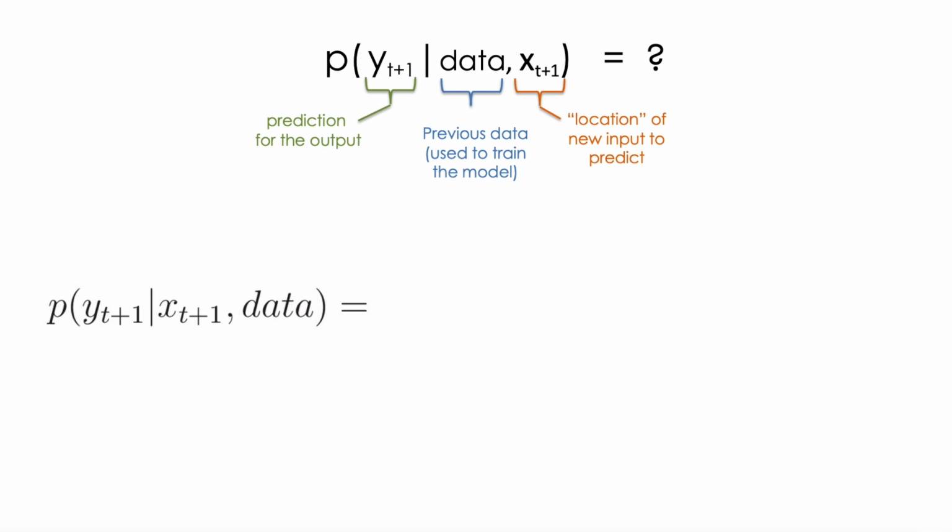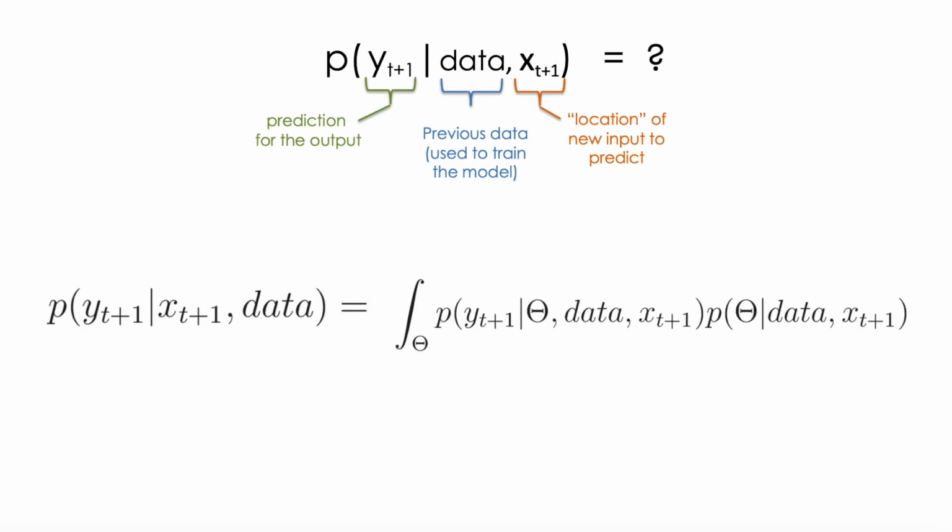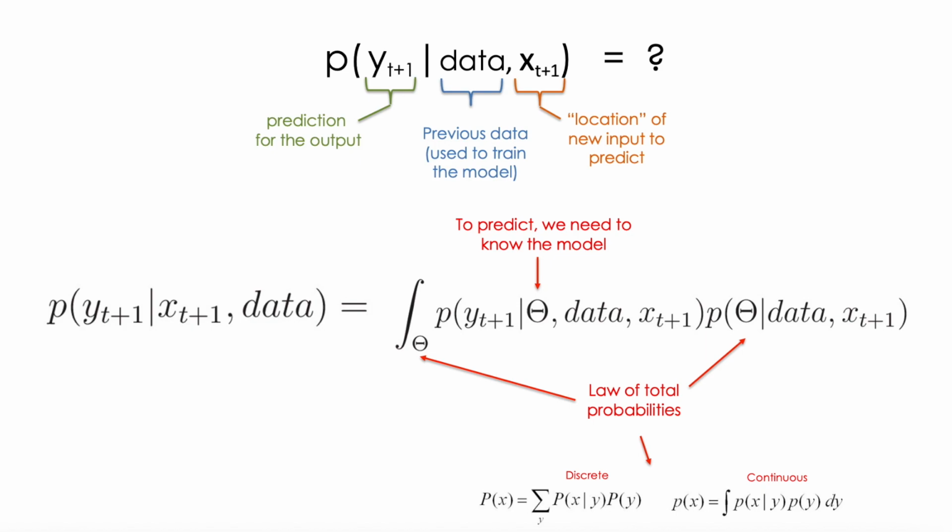Okay, so let's find how this distribution looks. In general, we're going to need to add the parameters because we cannot make a prediction without knowing the parameters. So we add the parameters we need, but since we don't know them, we need to multiply by their probability and integrate across all the possible values of the parameters, right?